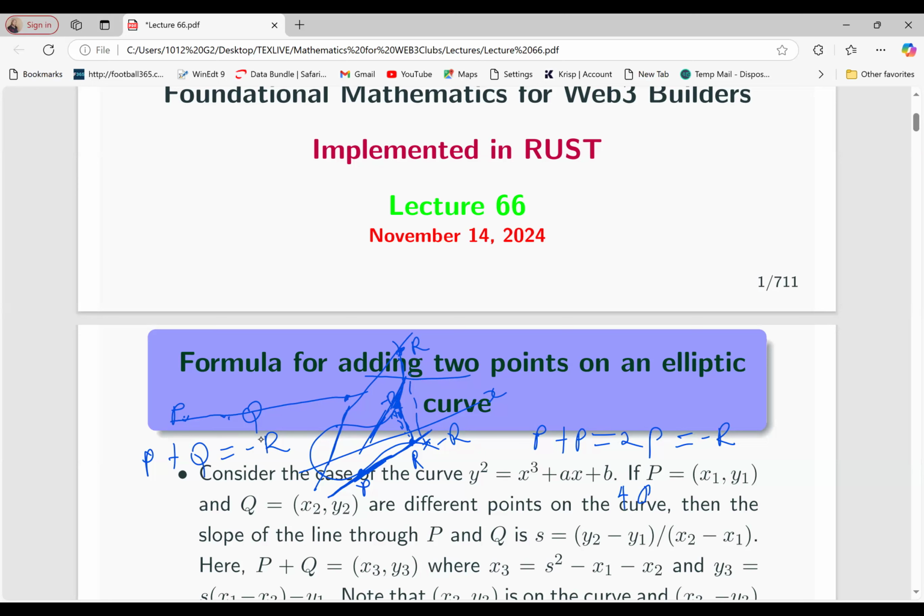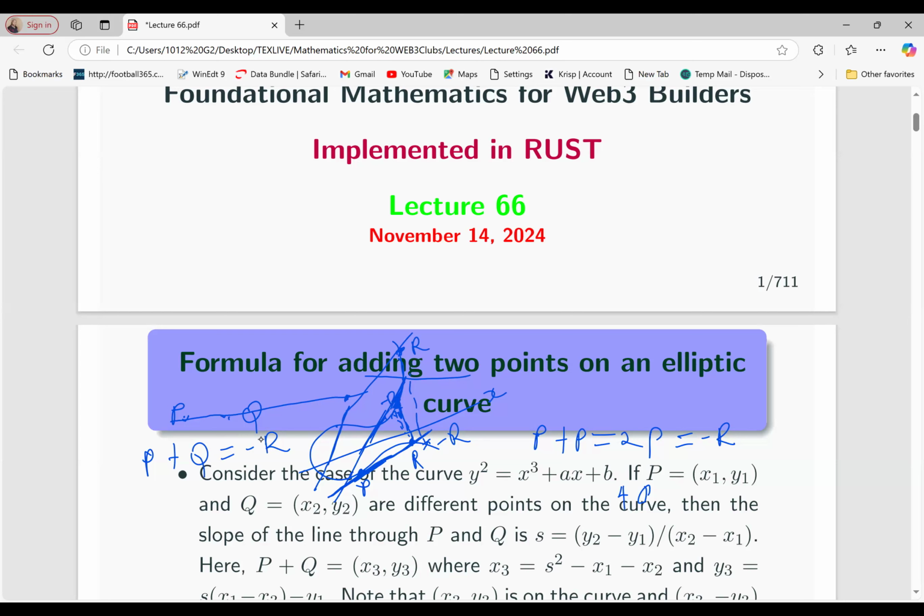So it touches the curve at R inverse, and then extend it to cut the curve. It will cut it at only 1 point. This one I've not drawn properly because you can see it's going to cut it here and then cut it here. But if you are constructing it, you would find out that it will only cut at 1 point.